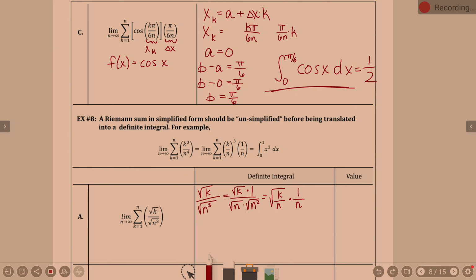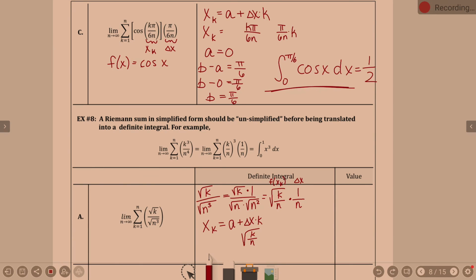So what we can realize here is that 1 over n is delta x. F of x sub k is the square root of k over n. So that means that x sub k, which is supposed to be our a plus delta x times k, is just square root of k over n, which means what is a?